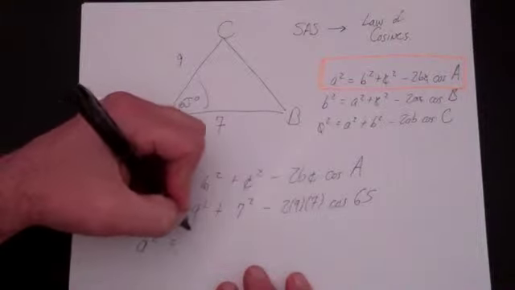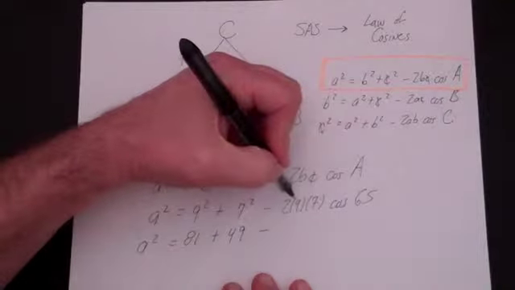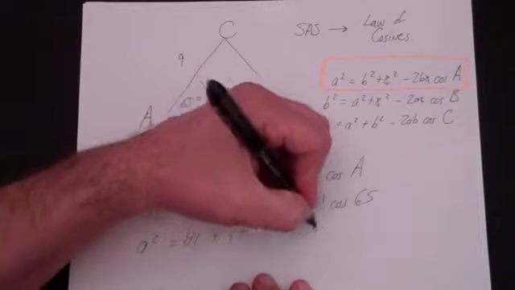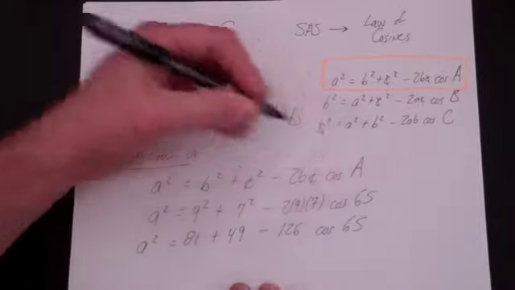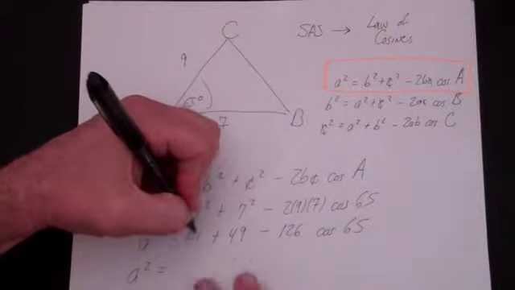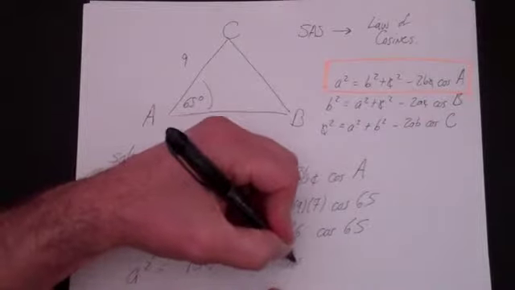That's a squared is equal to 81 plus 49 minus, let's see if I can do that in my head, 9 times 7 is 63. That's 126 cosine 65. So a squared is equal to 130 minus 126 cosine 65.